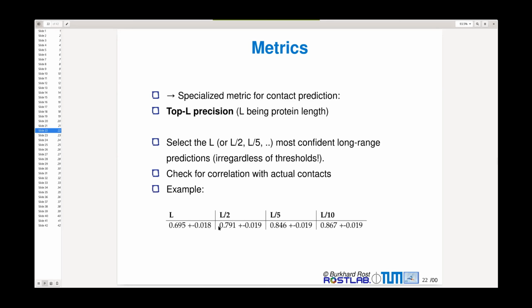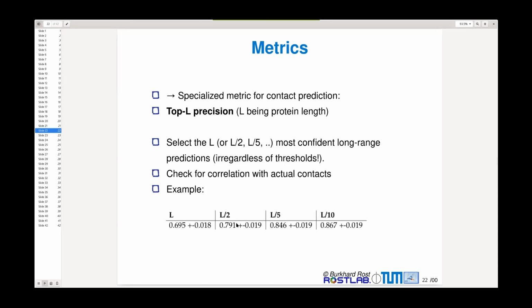So what we're essentially trying to do here is to assess, is the boldness of the predictions an indicator for the reliability? So if my network predicts a contact with a very high probability, is there actually a contact? And what we want to see is, if we restrict it to just the top 10 in this case, we want to have a higher number than when we include more with lower probability.